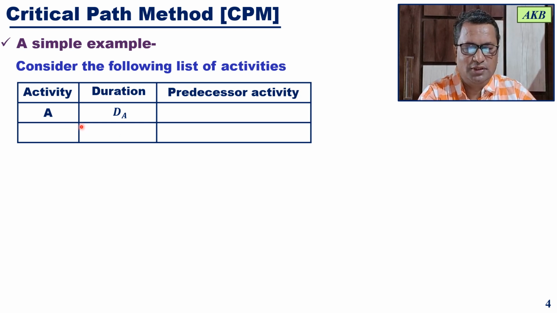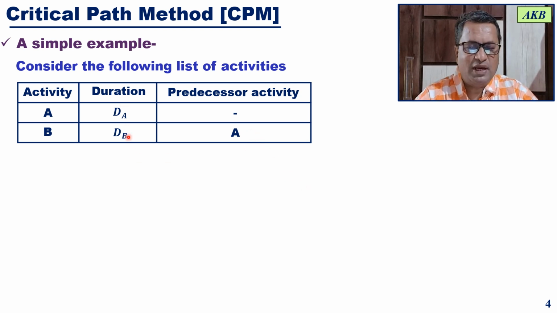So for the time being, let us denote that duration by dA, duration of activity A. For activity A, there is no predecessor activity. Second activity in the list is activity B. Its duration is dB. Again, the same explanation applies here. It is duration either in number of days, weeks, or months. And finally, for activity B, there is a predecessor activity, and that is activity A.